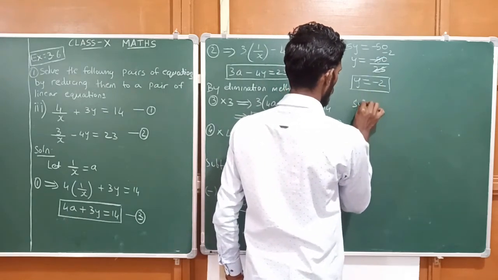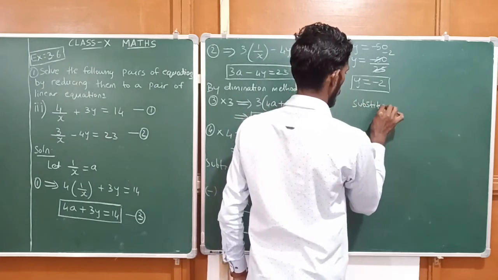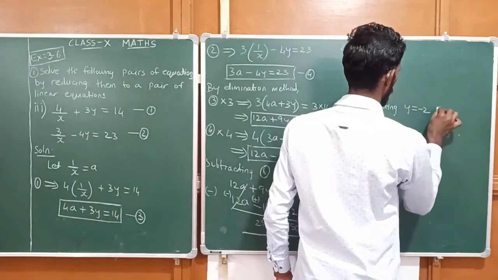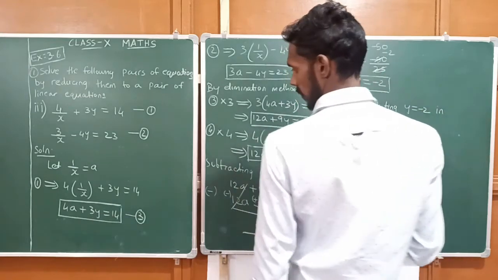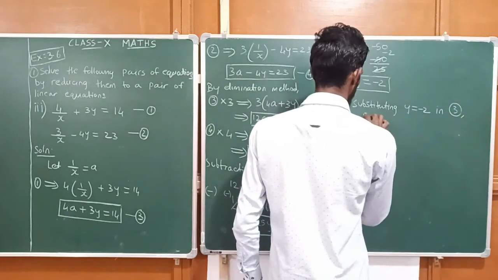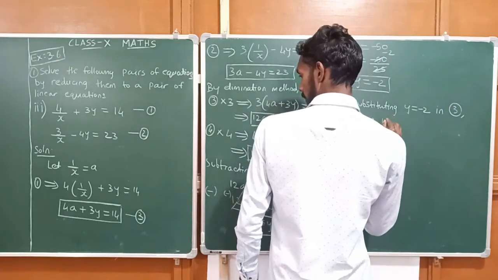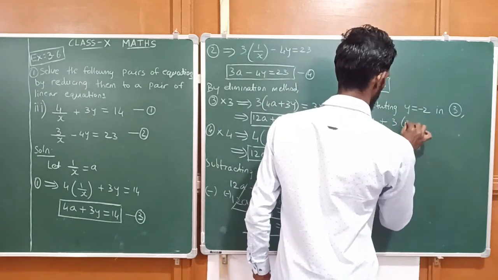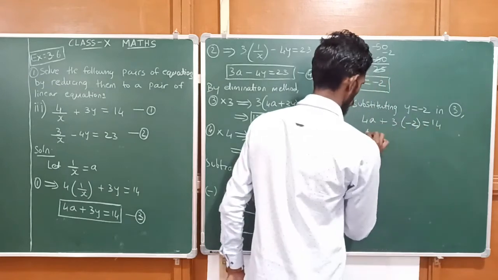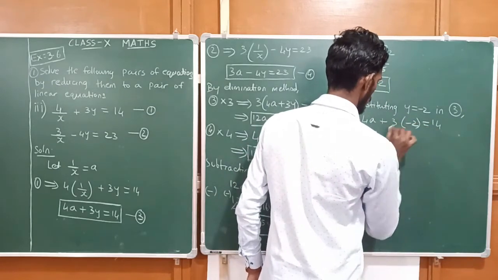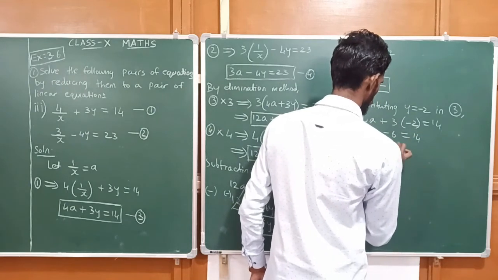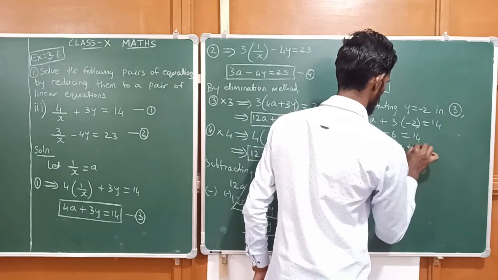Now substituting y is equal to minus 2 in equation number 3. So it will become 4a plus 3y, that is 3 into minus 2, is equal to 14. 4a plus 3 into minus 2, that is minus 6, is equal to 14. 4a is equal to 14 plus 6.